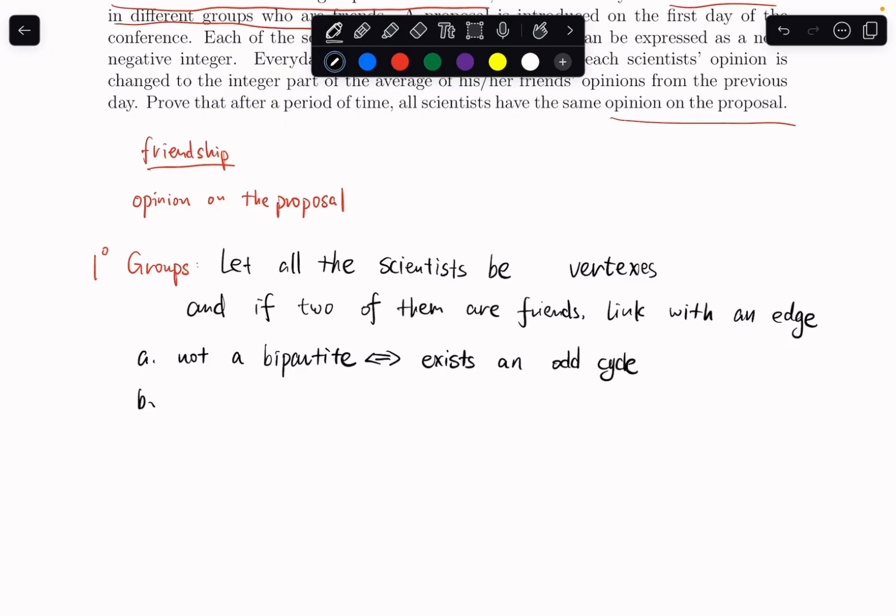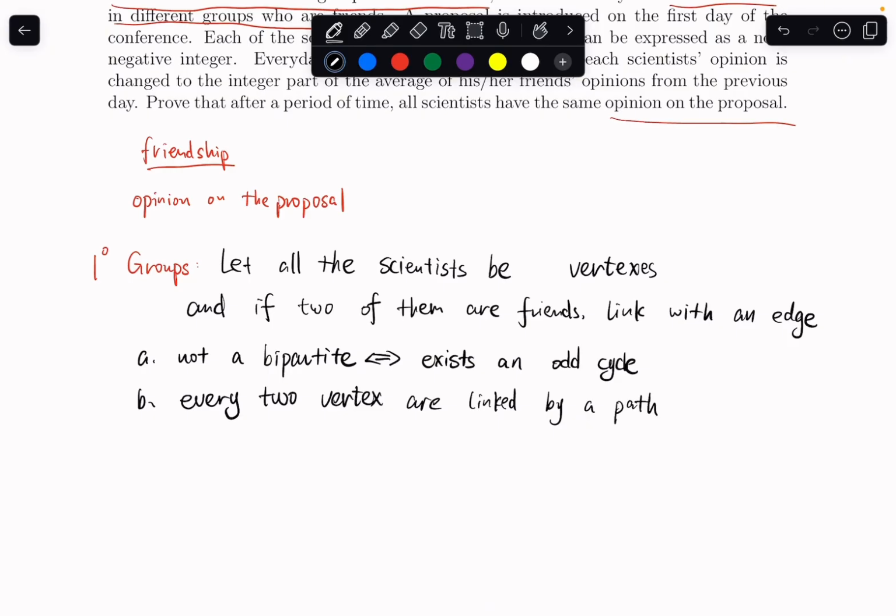And the second one is that it is connected. That is, every two vertexes are linked by a path.